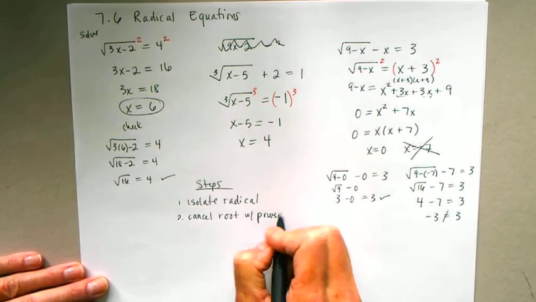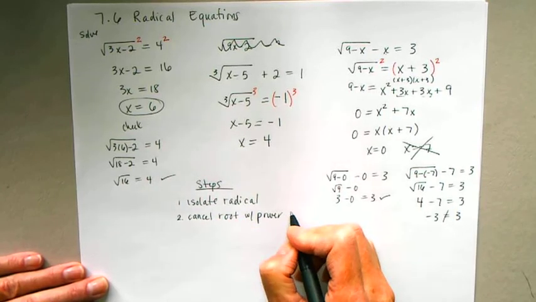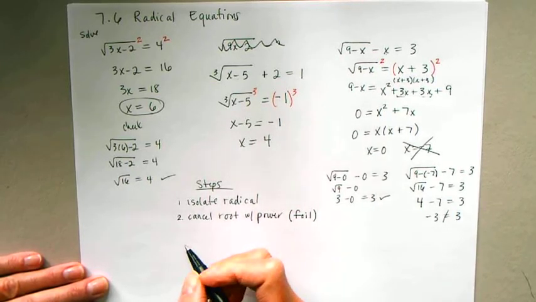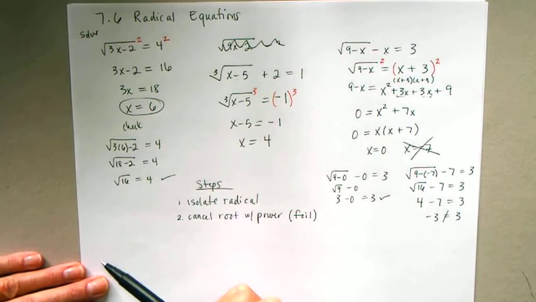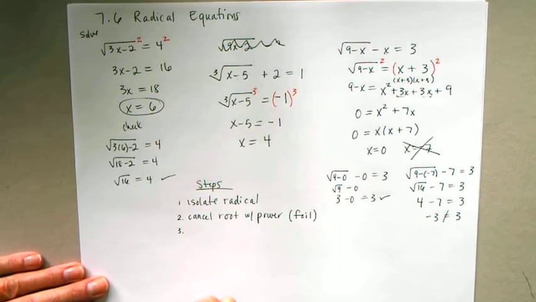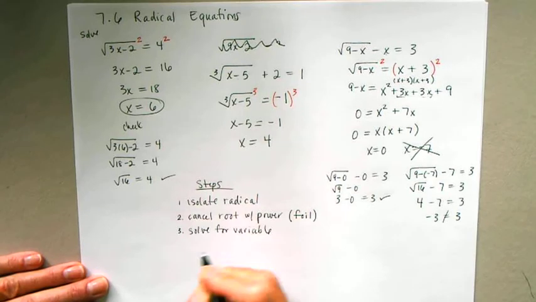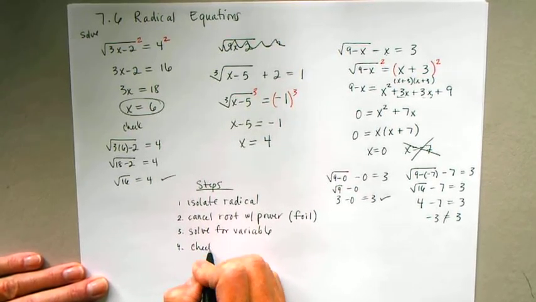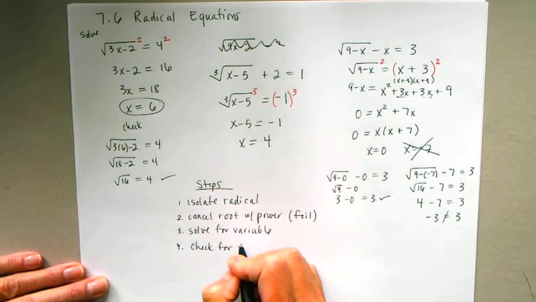And if you have to square, just don't forget that you have to FOIL. Square the whole side. Now, if there were 2 radicals, you would repeat that process, but we don't have any of those in our homework yet. You'll see that in 1050. And then what you can't forget to do is you have to check for extraneous solutions.